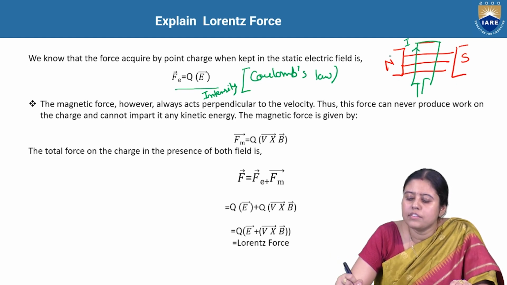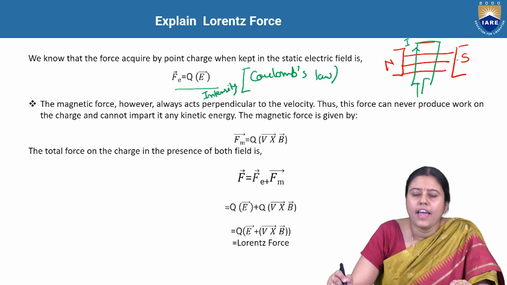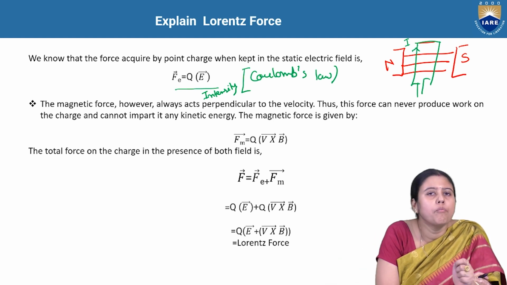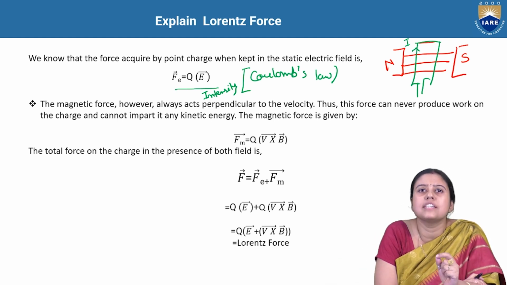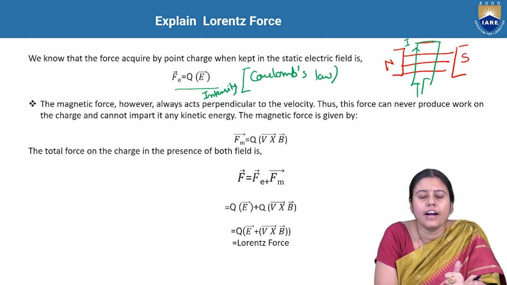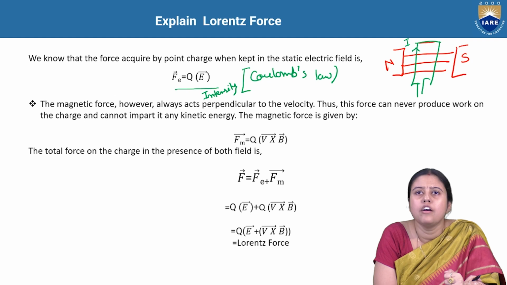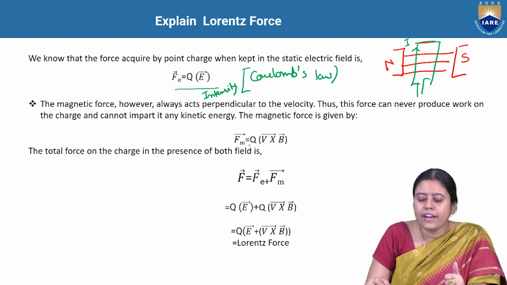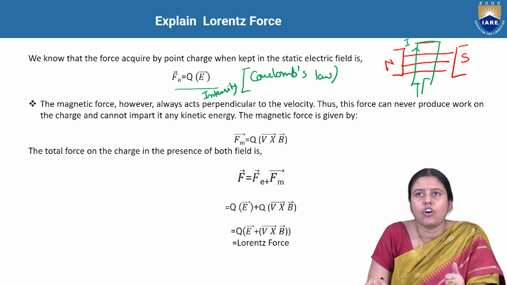Now we consider the magnetic field. If there is a moving charge, it is nothing but the current. The direction of the current is always opposite to the moving electrons. So we can write Fm equals QV cross B.